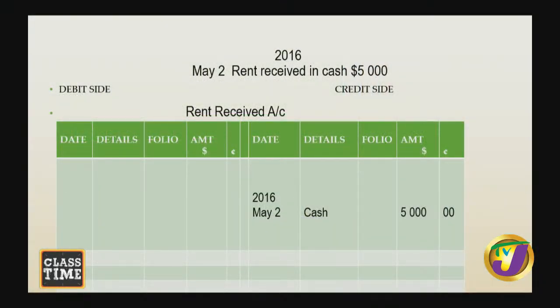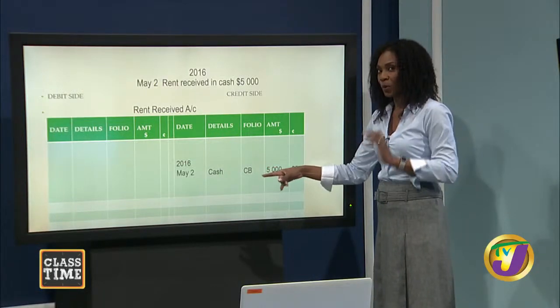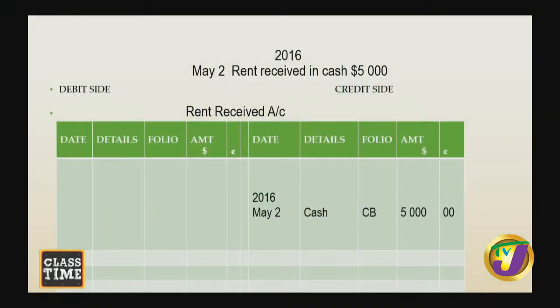Now, the folio column should direct us to where we can find the cash account. And where will we find it? In the cash book. CB4 cash book. Now, students, it simply means that this represents one of the double entry. This is just a single entry. And we would need to complete this double entry in the cash account.